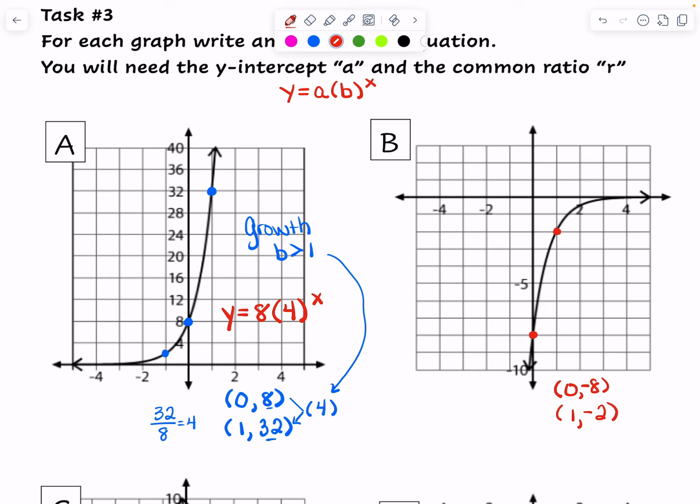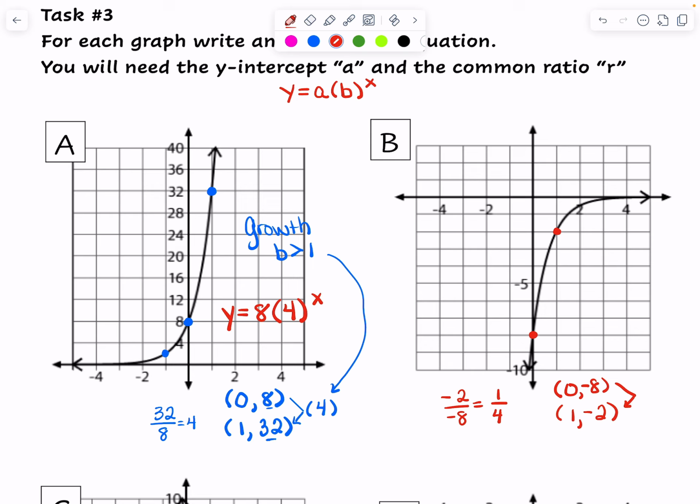Okay, so how do they get from -8 to -2? To find that, we're going to take the second y value, divide it by the previous y value. So any y value divided by the previous y value, negative divided by a negative is a positive, so that's 1/4, or you could write it as 0.25.